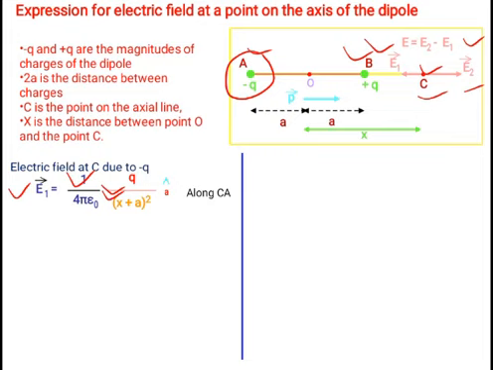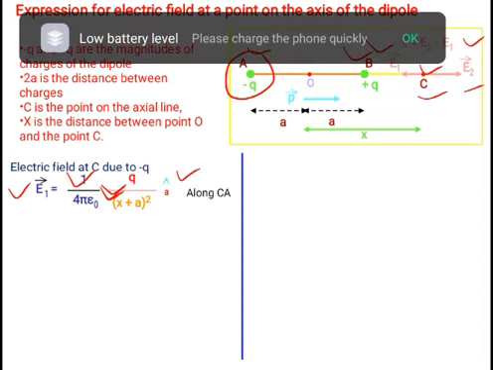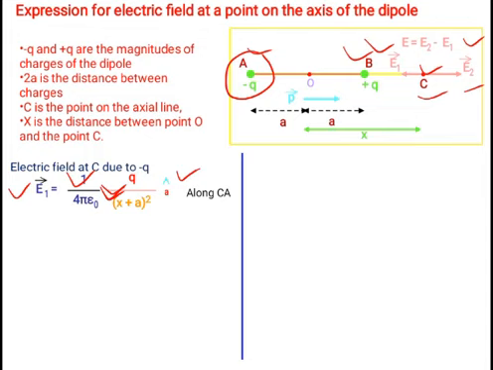So instead of CA square, we substitute (x plus a) square. And what is this a cap? a cap is a unit vector which shows the direction of the electric field. The unit vector value is 1, but it shows the direction of the electric field. That is the reason we mention a cap.